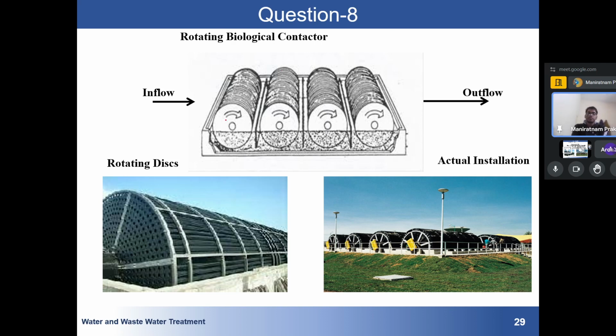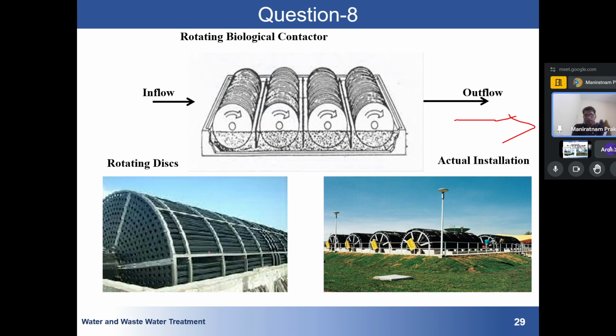So these biofilms are just reacting with the organic matter or carbon content in the system, and the outflow will have a very small amount of organic matter in the form of carbon. So this is a real picture.